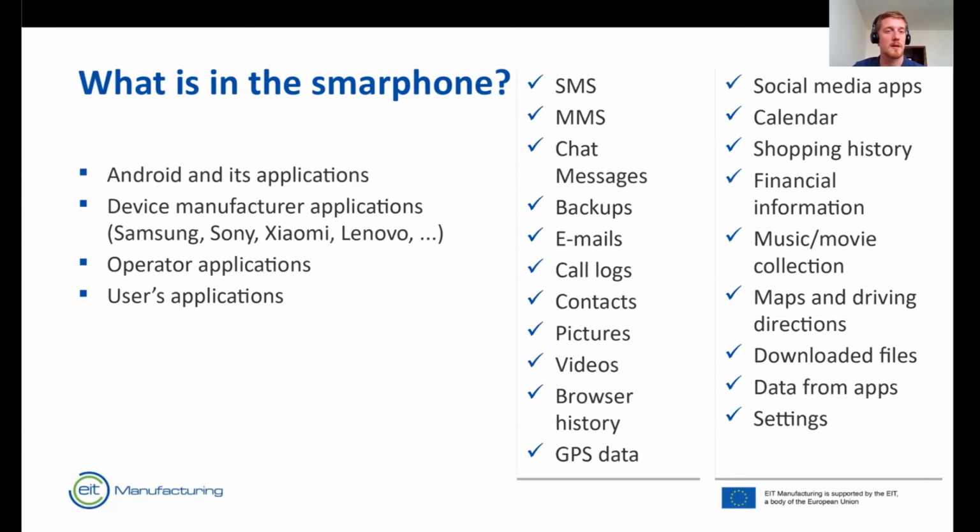And the user applications and logs. User applications with data, for example, SMS, MMS, backups, emails, pictures, videos, browser history, social media, and so on. So there are plenty of sources of data.